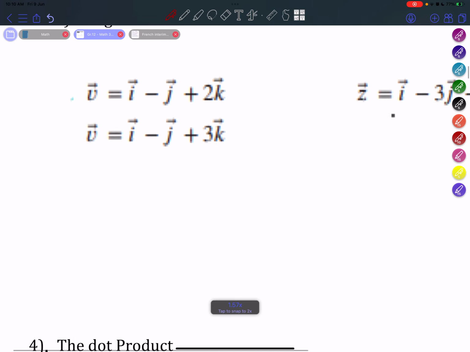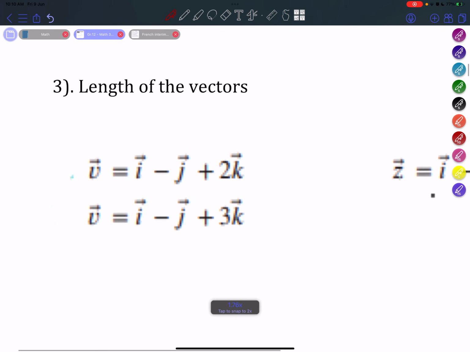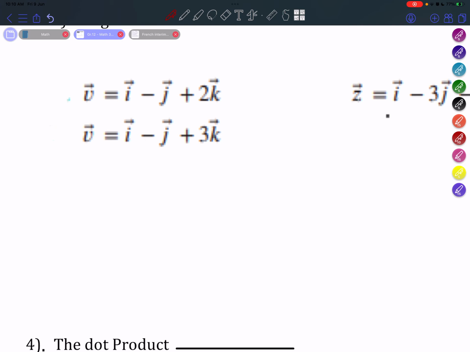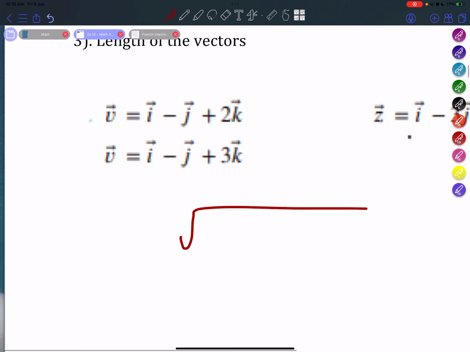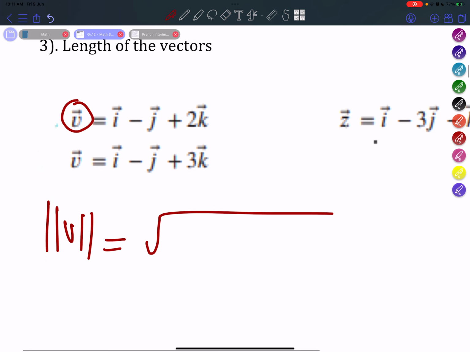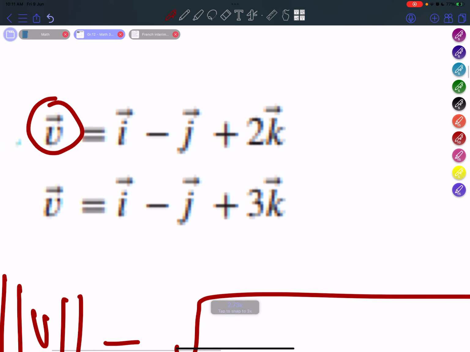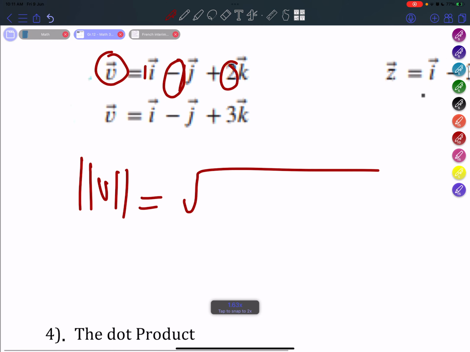All right, length of a vector. We can solve it by writing, first of all, the square root like this, and then the symbol for the length, which is 2 lines, the letter, and then again 2 lines. We take the coefficients: 1, negative 1, and 2, and we square each of them.